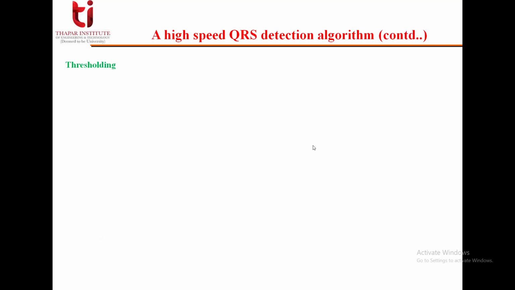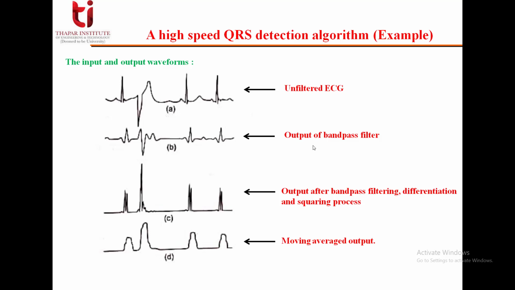Now, the next thing which requires this is a thresholding operation. Why are we using thresholding? Because there can be multiple peaks, as we have seen in the last. Sometimes when there is not a peak, that also gets detected as a QRS complex.